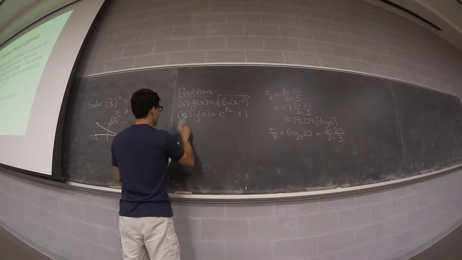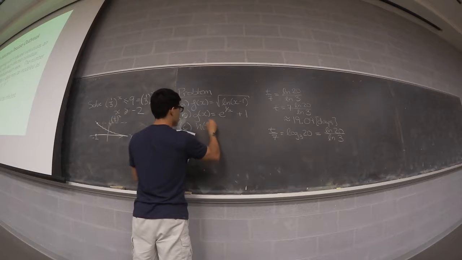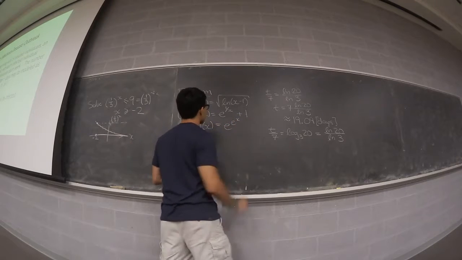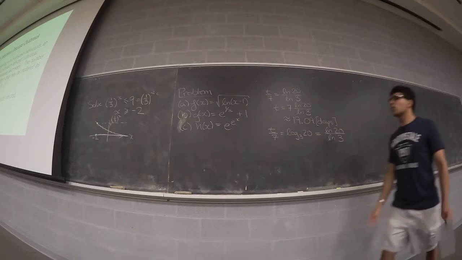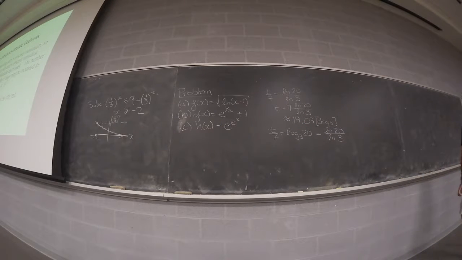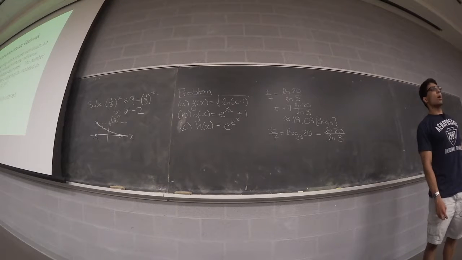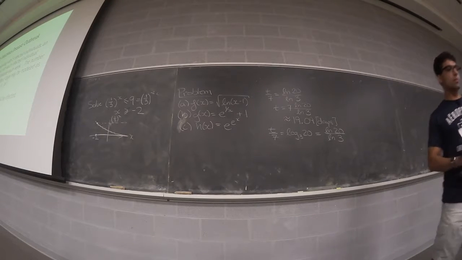And C is h at x equals e to the x. All right, what I'm going to do is I'm going to find the domain, the range, the inverse, and its domain and range. Okay? Okay, now get out your clickers.